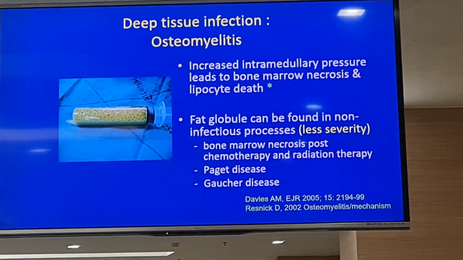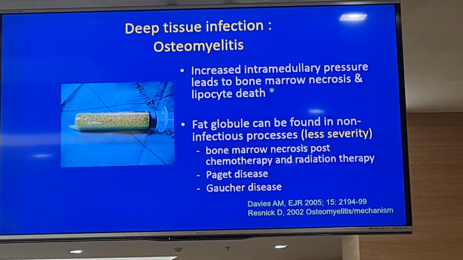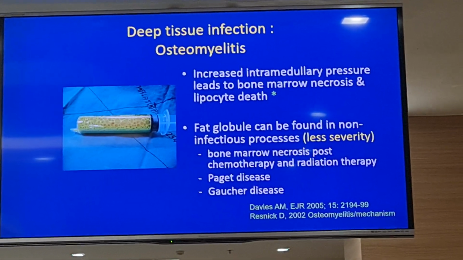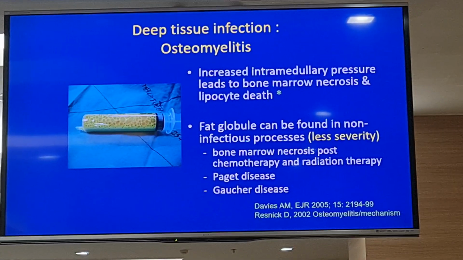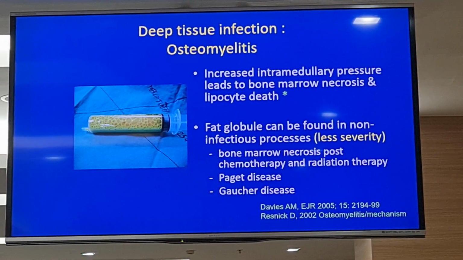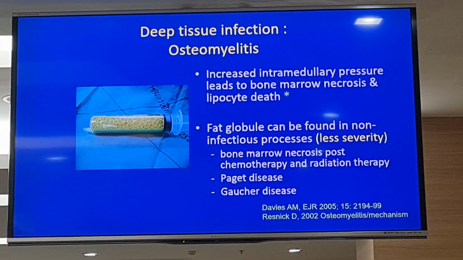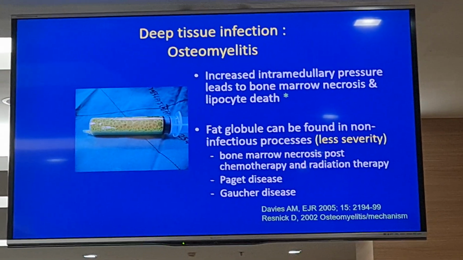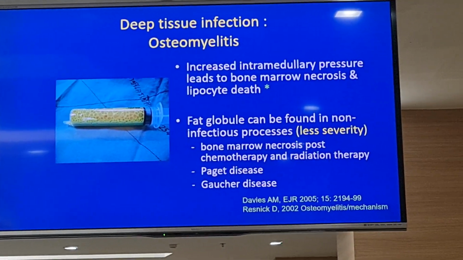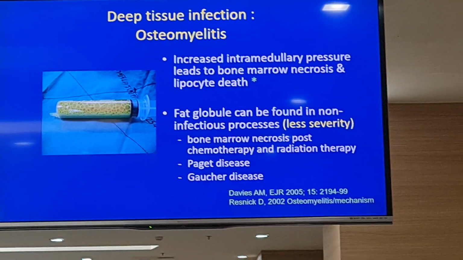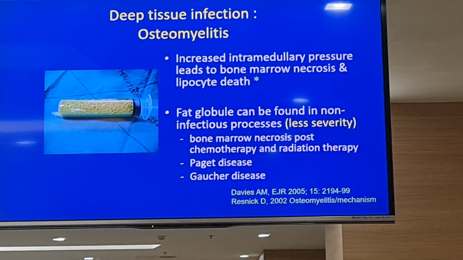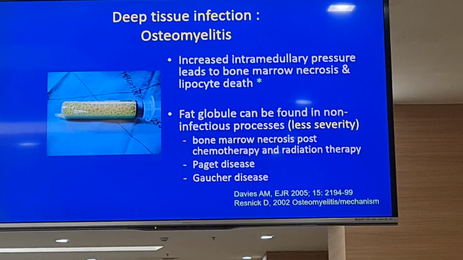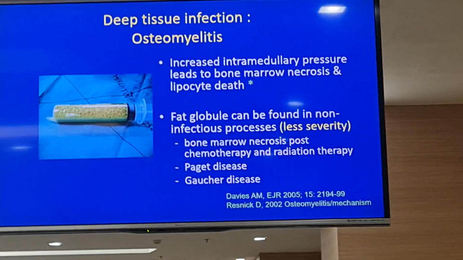This means the pressure inside the bone increased rapidly. This is a very aggressive pattern. Actually, it's not specific for infection, but the diseases that can cause that damage are mostly infectious conditions.